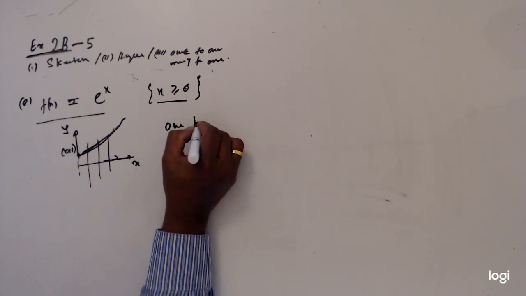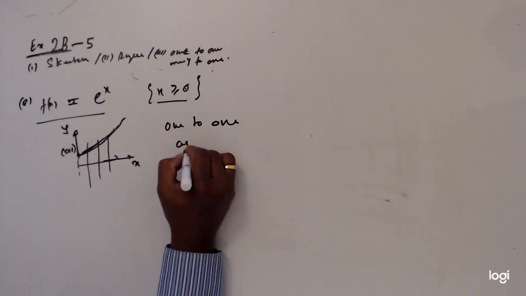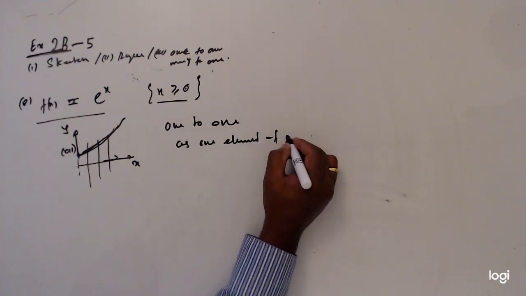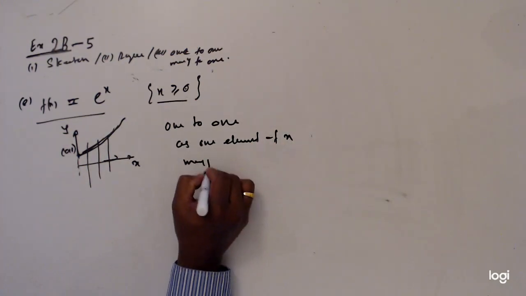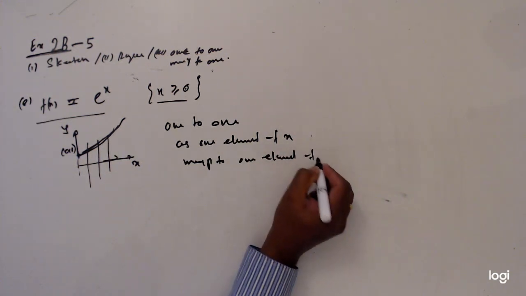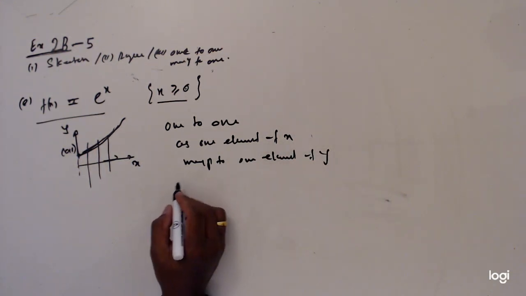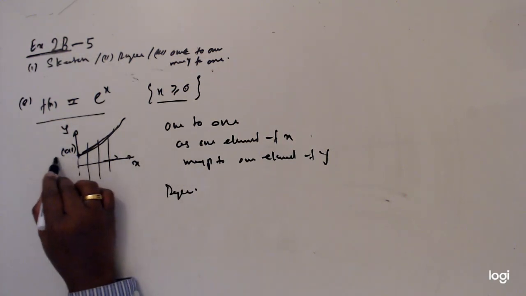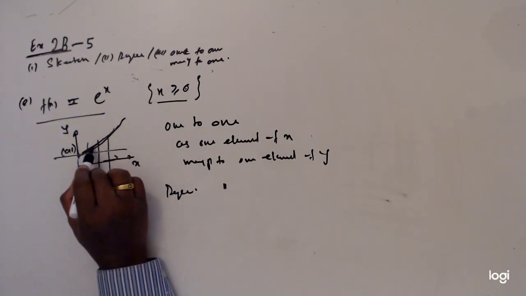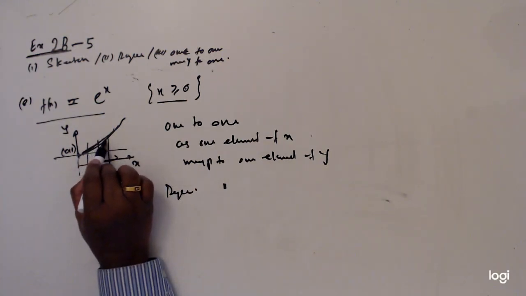So this is 1 to 1, as one element of x is mapped to one element of y, and the range is, what is the minimum of the y value? It is 1, and can it be 2? Yes. Can the y value be 3? Yes.